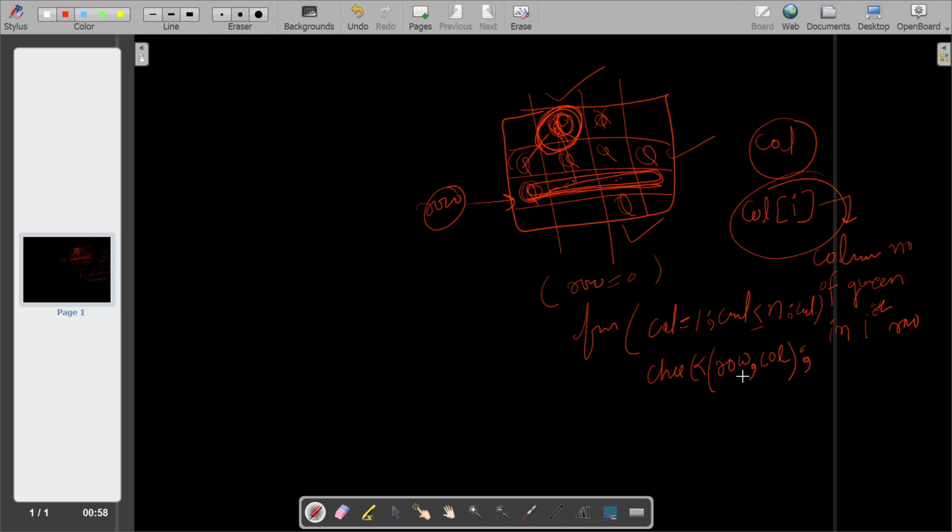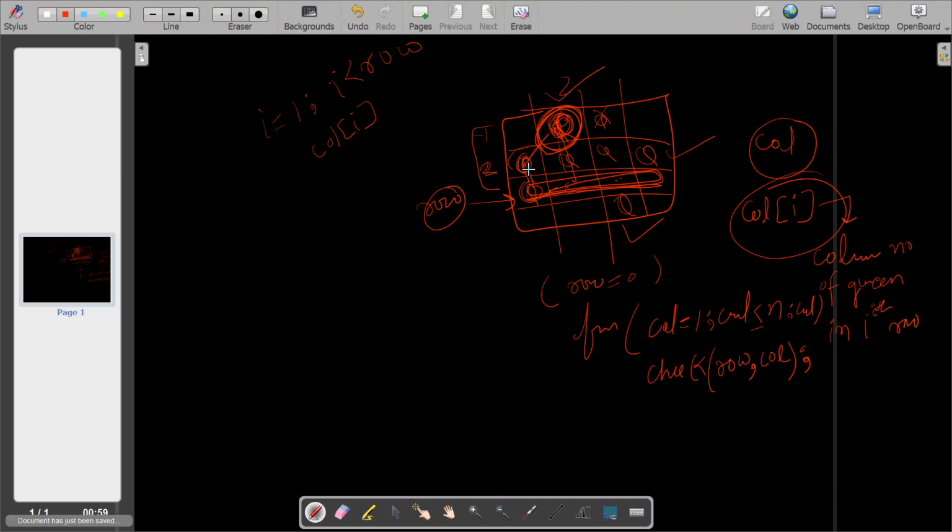So how will the check function work? In the check function, I will check all previous rows, from 0 up to less than row. In each previous row, what is col of i? Col of i means the column number of the queen in the ith row. For example, col of 2 is 1 because in the second row the queen is placed in the first column.